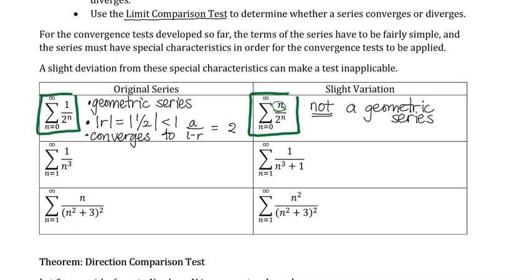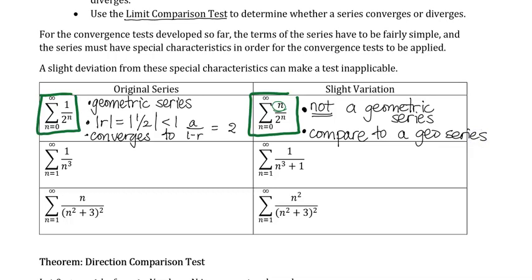So just adding that n to the numerator completely throws off that this is no longer a geometric series. I cannot say what r is. I don't know if this series converges or diverges. But the idea behind this lesson is that you could compare this series to a geometric series. And that's what we're going to be doing.